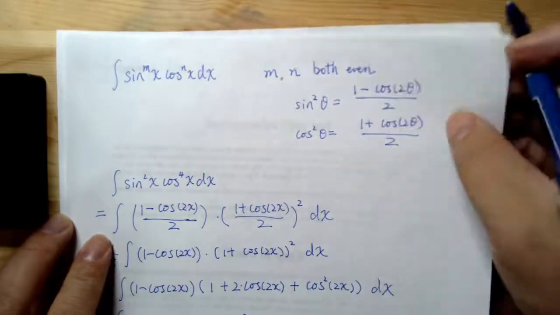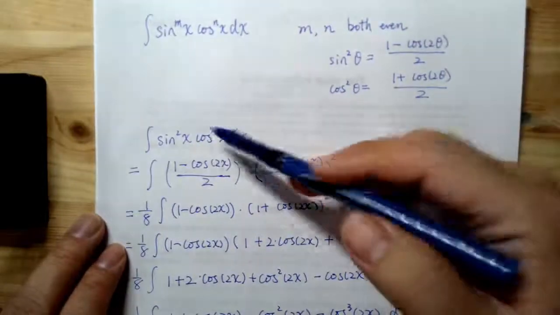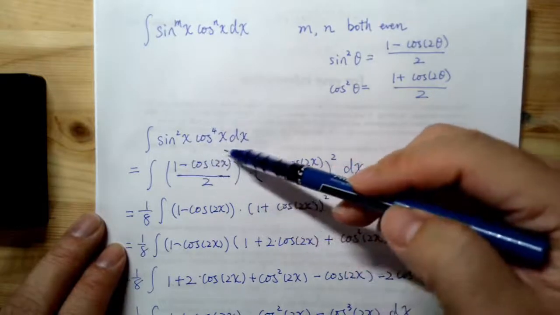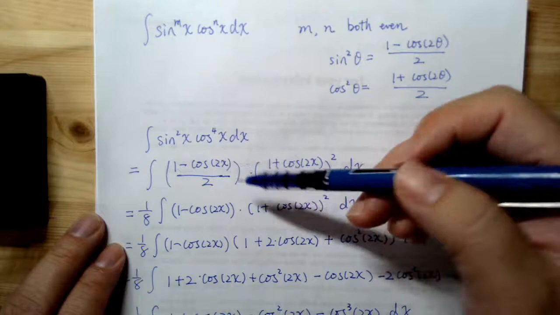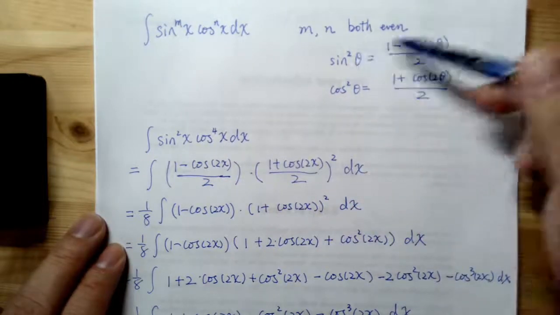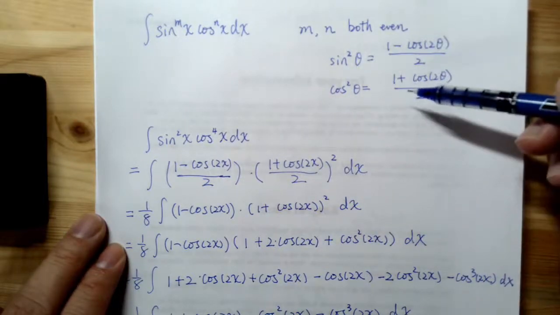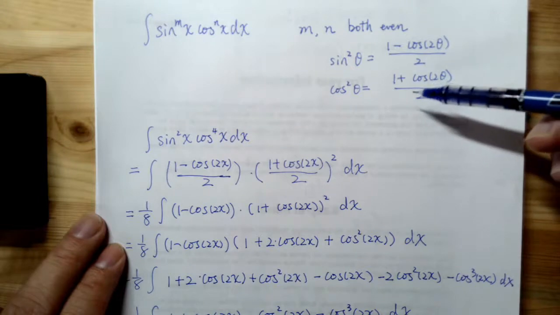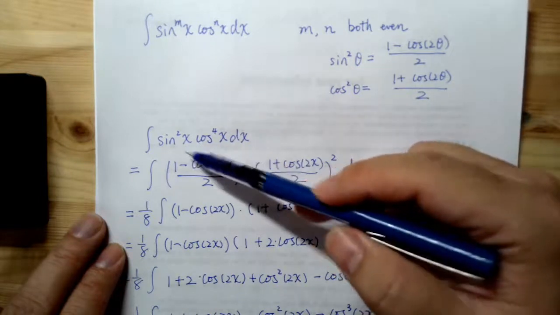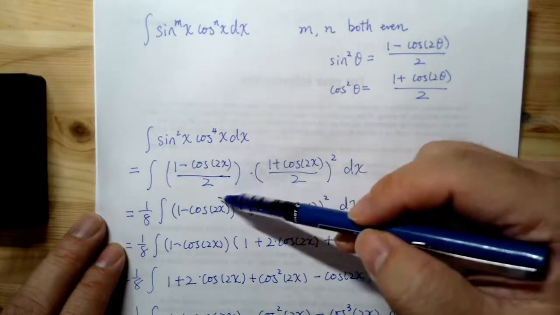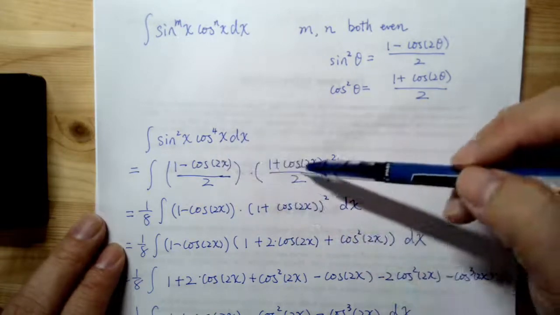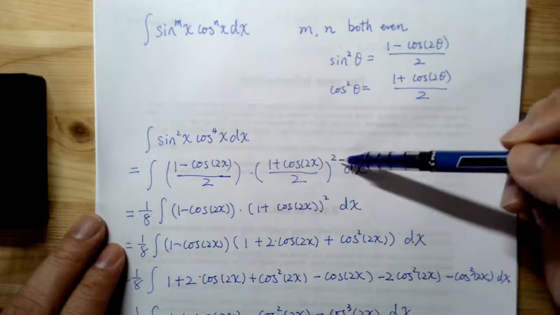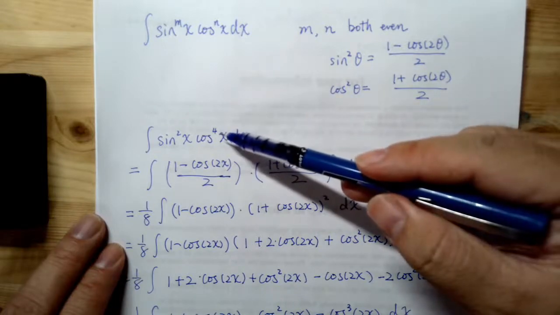We started with one example, sine squared times cosine to the power 4. We mentioned that you use those two formulas to make the transformation. So we rewrite sine squared as 1 minus cosine 2x over 2, and cosine squared as 1 plus cosine 2x over 2, then squared, because this is to the power of 4.